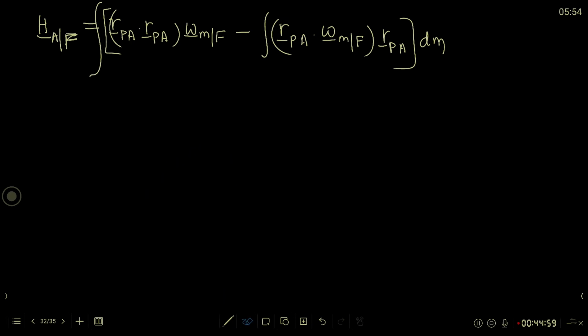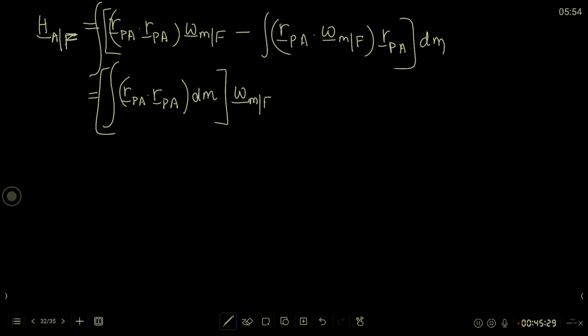The first term is simpler in the sense that the angular velocity vector on its own comes out of the integration. Recall, angular velocity vector is a characteristic of the entire RB. That does not change as this integration is done over point P, as this vector RPA changes.